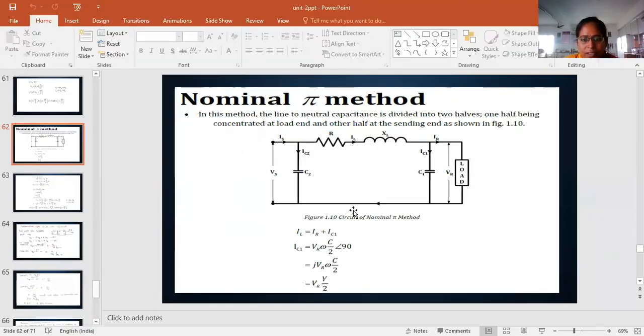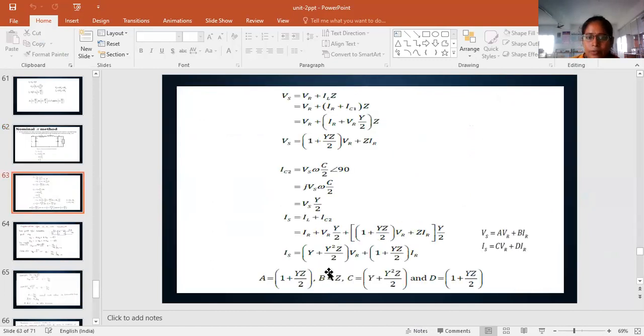So see here, this is the derivation for the nominal pi method. We can derive the expressions also. So IL equal to IR plus IC1, and IC1 equal to VR into omega C by 2, which can be rewritten as VR into Y by 2, and Vs equal to VR plus IL into Z, VR plus drop. So in the drop, IL placing the value IR plus IC1, and we know the IC1 value, also substitute here.